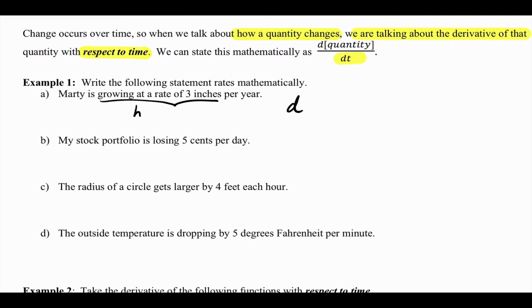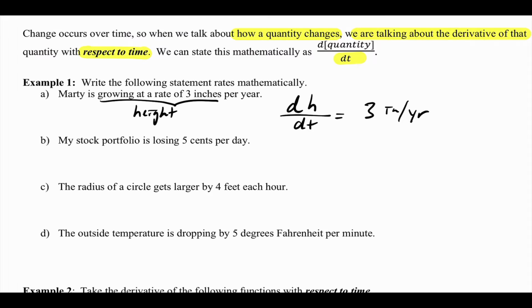So we can say dh/dt equals, that means height is changing over time. We know that's equal to 3 inches per year. That's how we would label it.